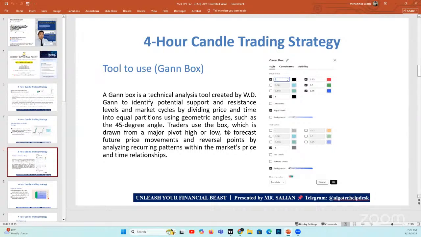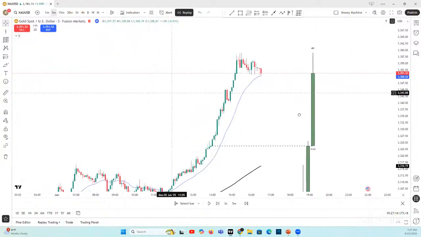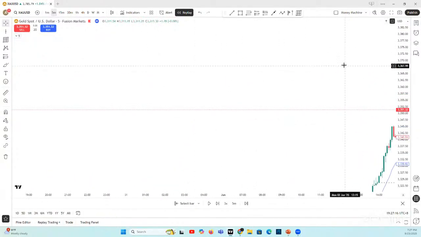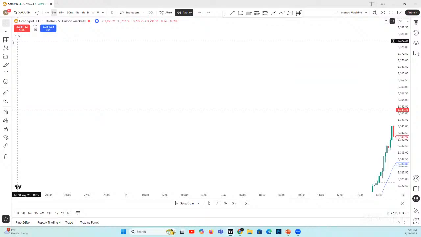Now, let's check this in the chart so you can see. For example, where do you find the Gunbox? It's here, under, what do you call this?